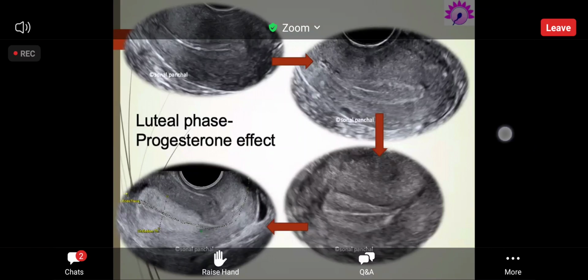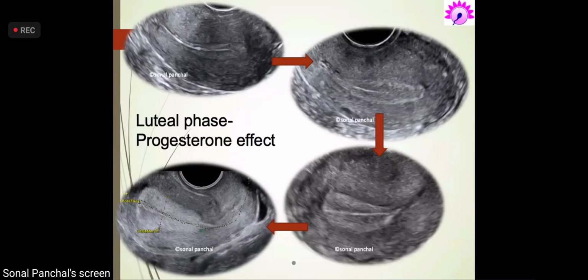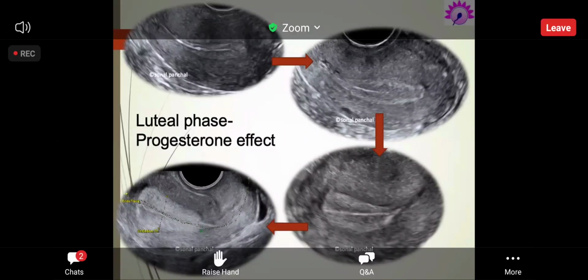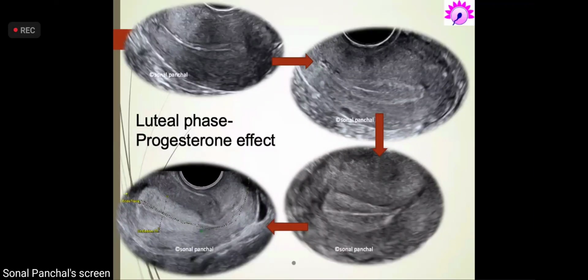Is there any effect on the morphology? Of course, yes. As the surge starts, you know that with the start of the surge, there is also a rise in progesterone levels. And this progesterone has to show its effect on the endometrium, because the endometrium, apart from the estrogen receptors, also has progesterone receptors.